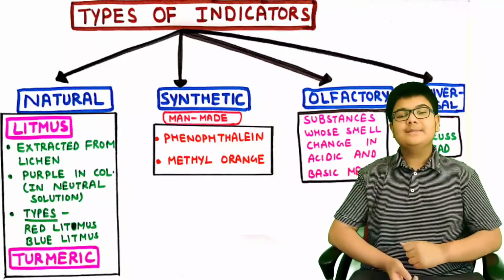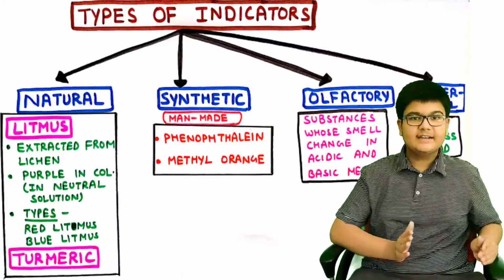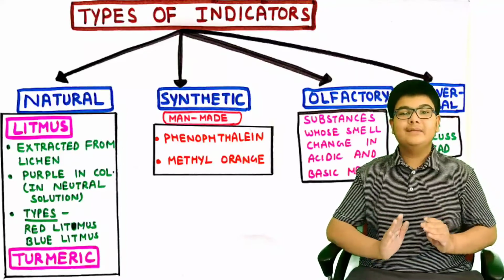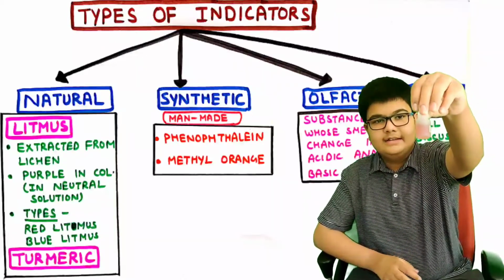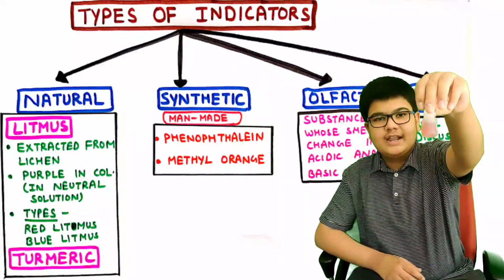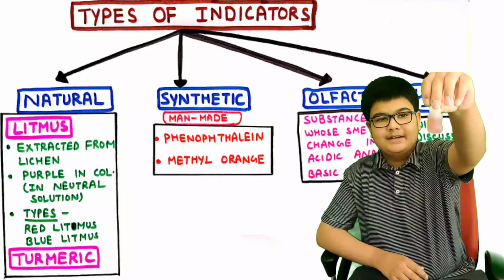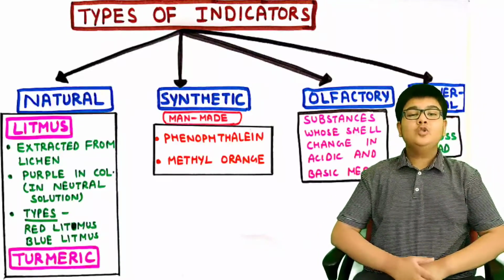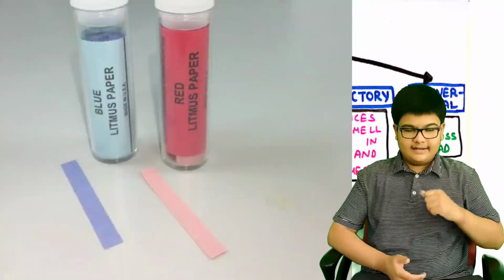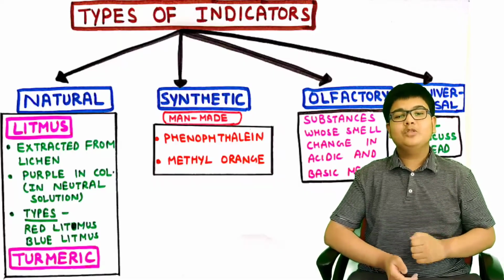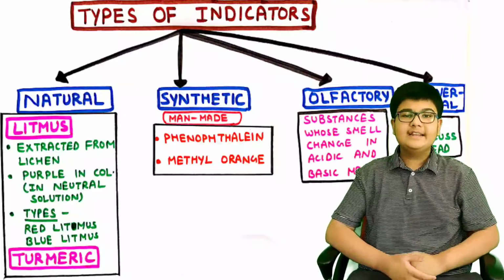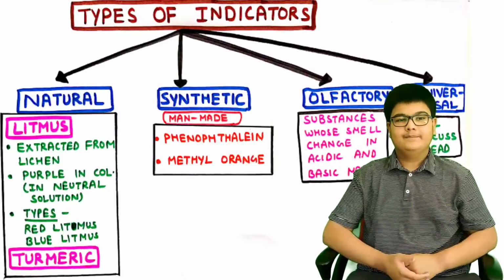If you put litmus in a solution which is neither acidic nor basic, then its color will be purple. As you can see here, I have put litmus in a neutral solution and it is purple in color. Now there are 2 types of litmus: red litmus and blue litmus, and litmus is available both in solution form as well as in paper form.